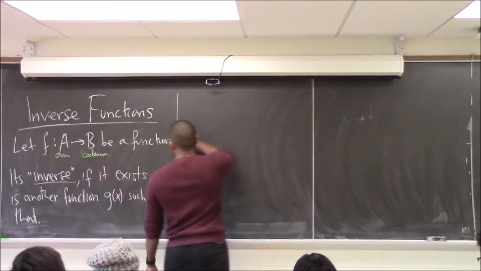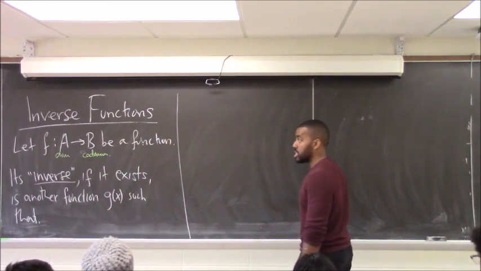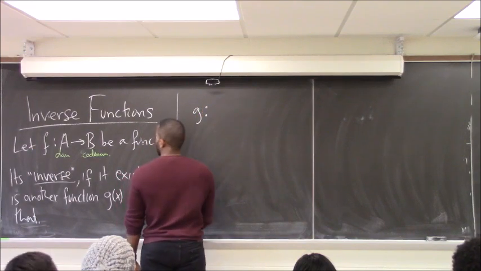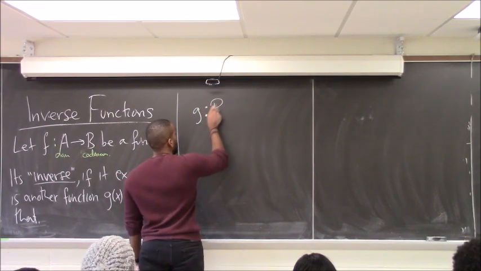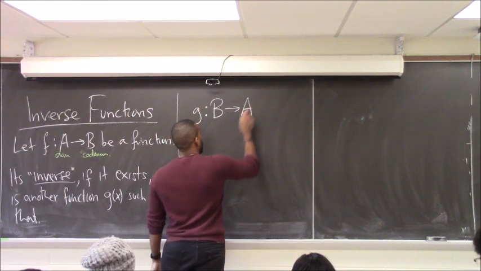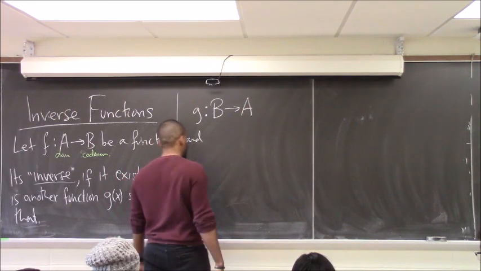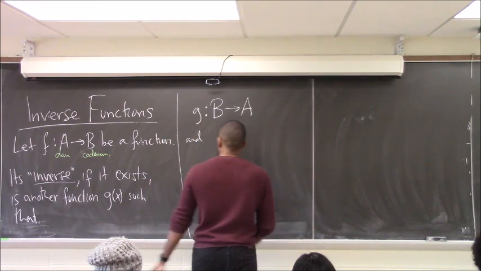So, if you have a function, it has an inverse if there's some other function you can find that pretty much goes in the opposite direction. Its domain is B and its codomain is A. And it undoes the f.